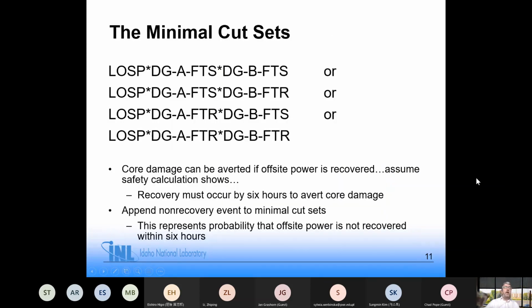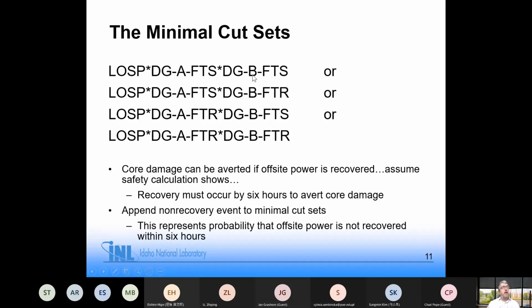So if I pull the PRA model together, what comes out are called minimal cut sets. You see those here. Those are simply the combinations of ways to get to the bad outcome that I mentioned. So we have loss of offsite power. The little asterisk means and. The loss of offsite power and diesel generator A fails to start and diesel B fails to start.